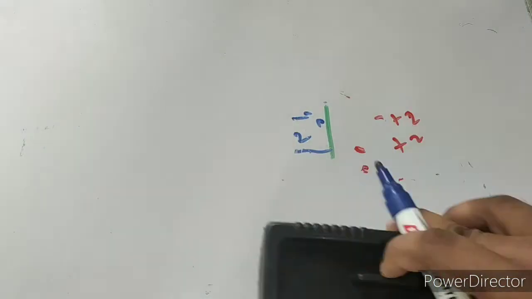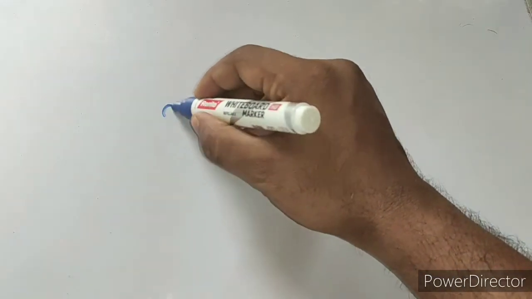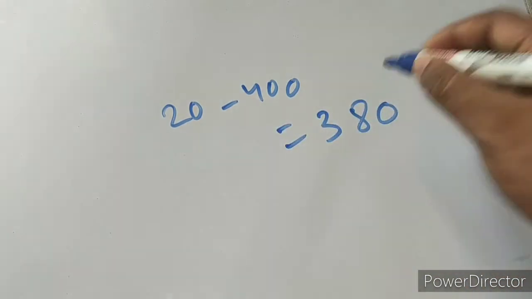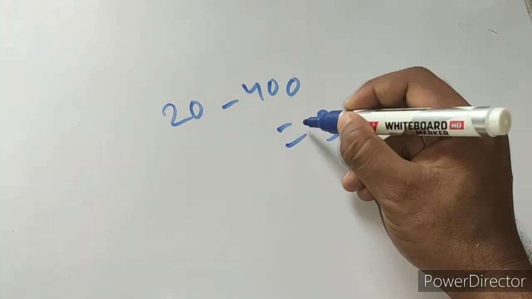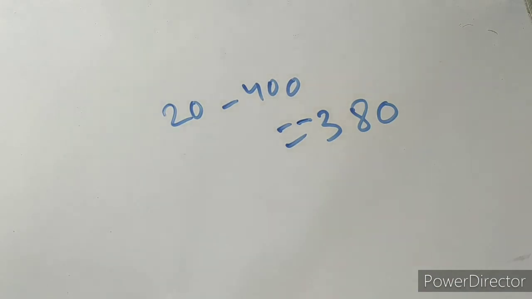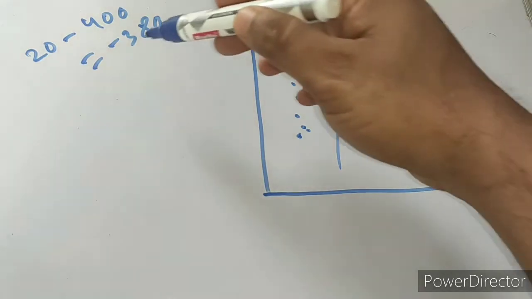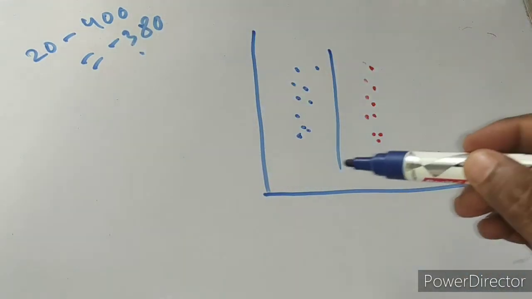I'll explain. So it is something like 20 minus 400, equal to minus 380. Now this minus 380 is a very big negative number. We need to understand, as we can see here, the line is coming as minus 380.